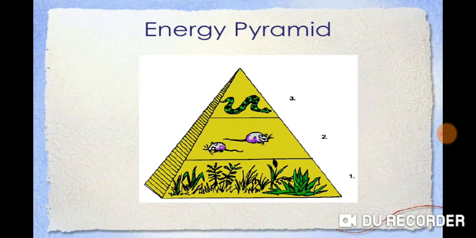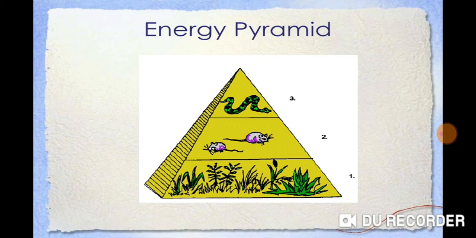We call this a trophic level diagram. Producers, consumers, and then primary consumer, secondary consumer, tertiary consumer. These are the trophic levels in which we represent or categorize living organisms in the ecosystem.